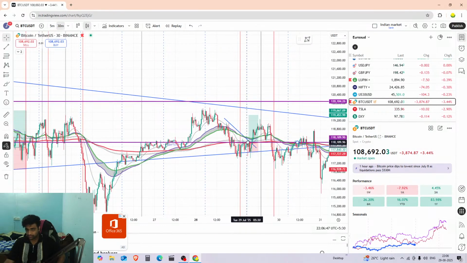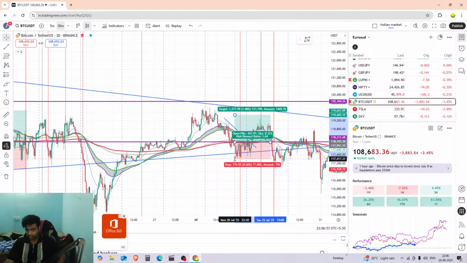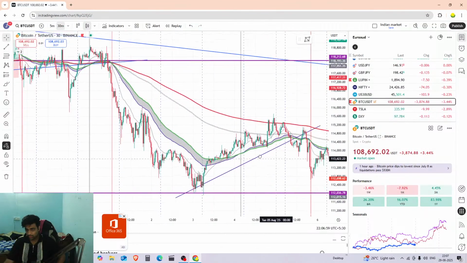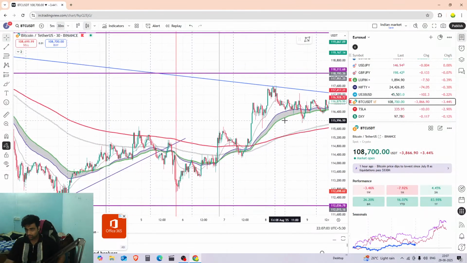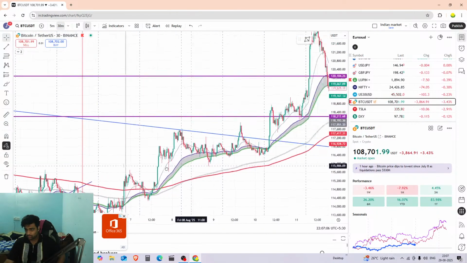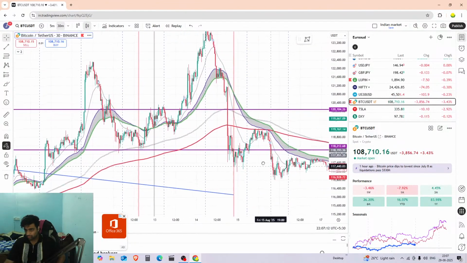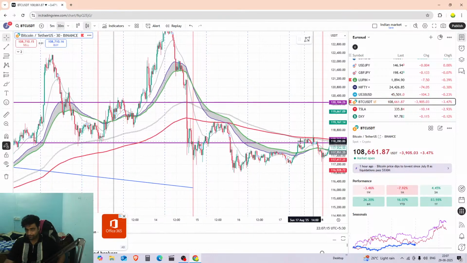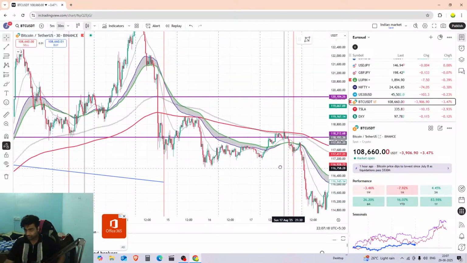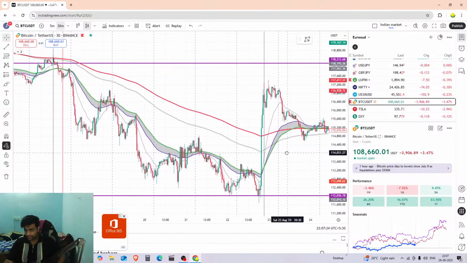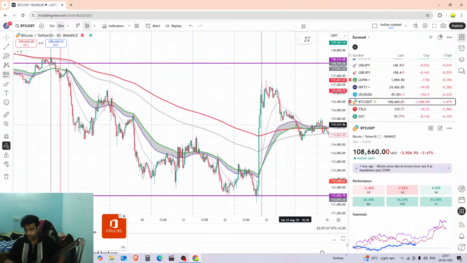Again a double bottom. See, yeah, here, see here, the market came, made a double bottom, double top, and the trend is down.